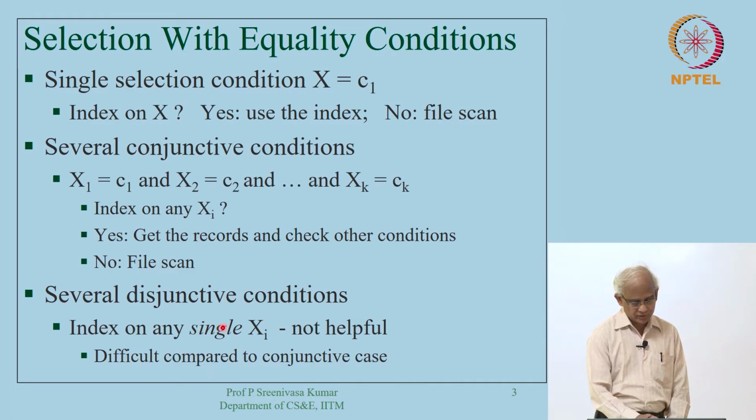So, an index on any single xi is not helpful because it is an OR condition, right. So, you probably will not be able to avoid a file scan in case there are disjunctive predicates in the selection condition.